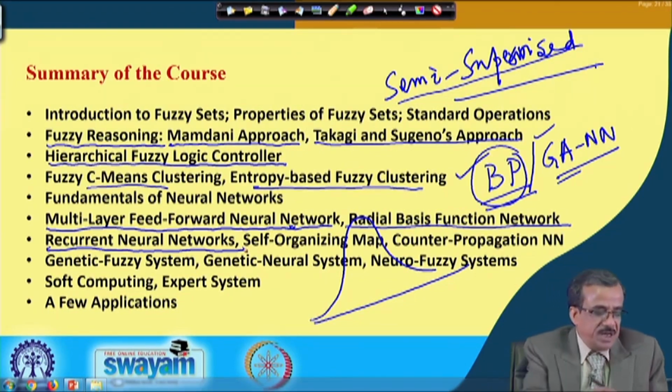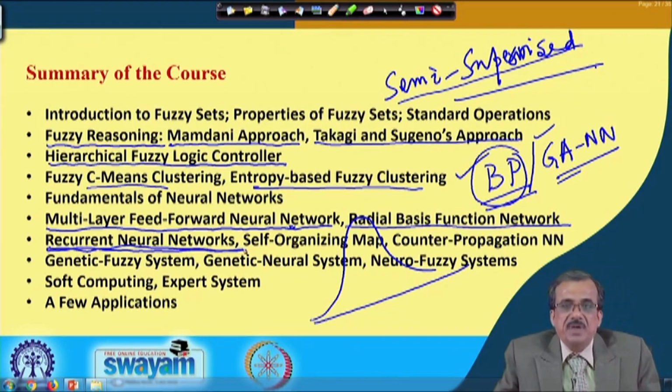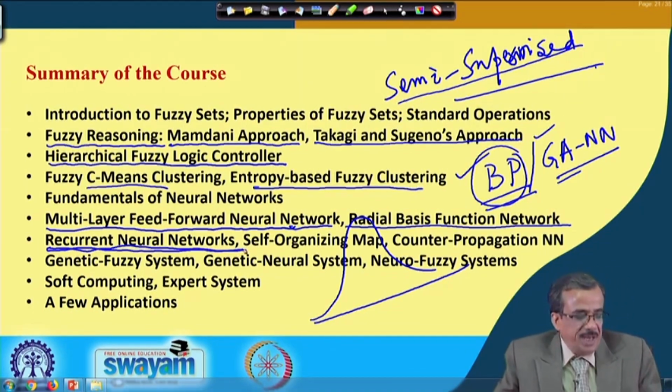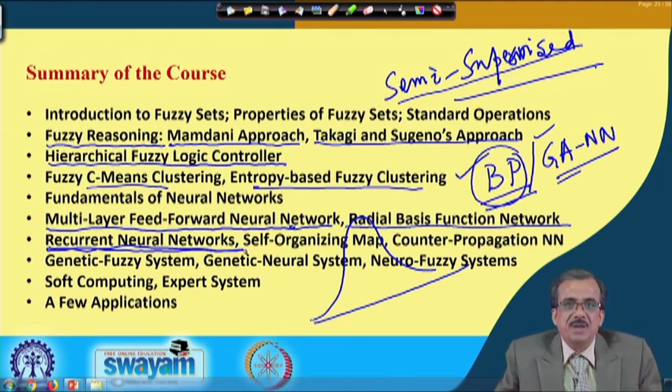This recurrent neural network has both feed forward and feedback circuit, and with the help of this it is able to capture the nonlinearity or the dynamics of that particular process.